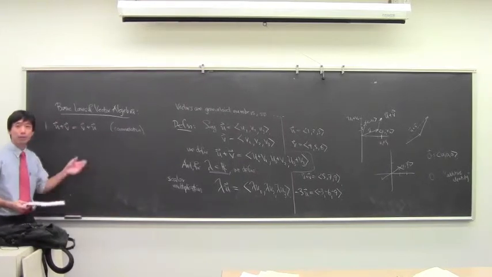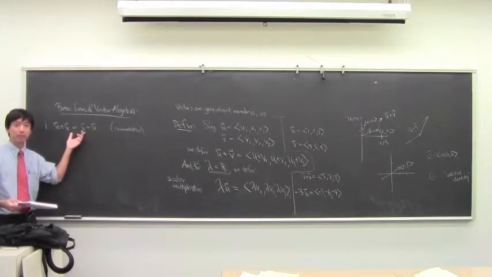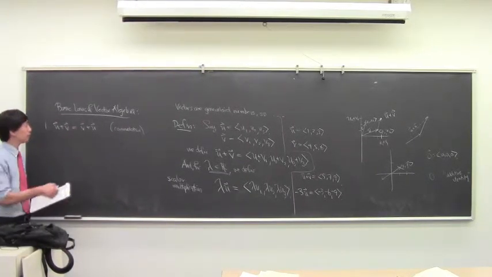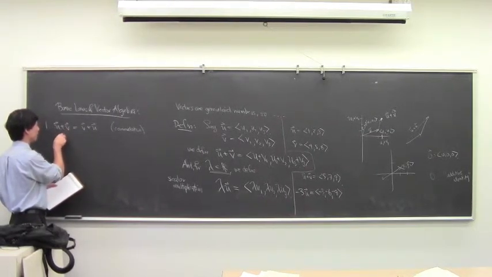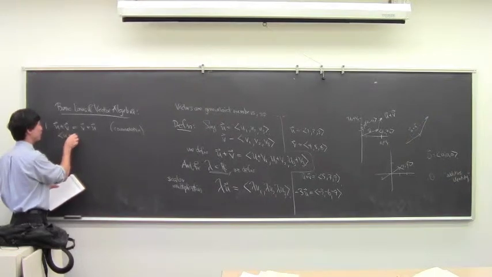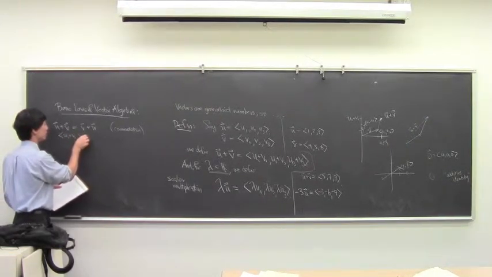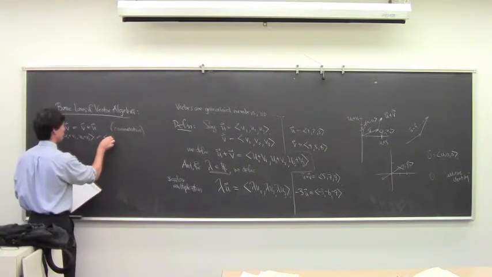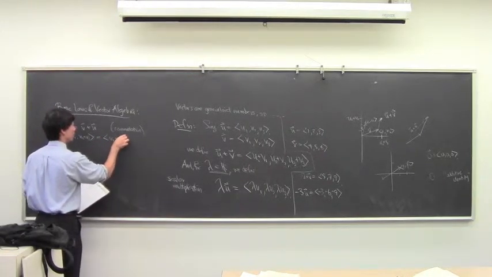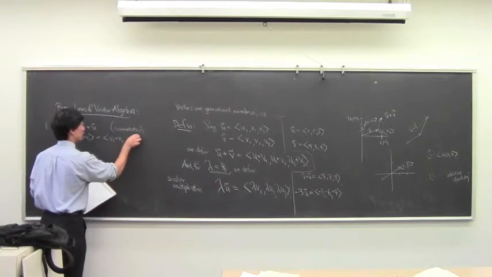And you think, well, do we really have a commutative law? Does it hold? Well, let's see. On the left we would have u1 plus v1, comma u2 plus v2. I'm only going to write it in 2 dimensions, just to save chalk. On the right you would have v1 plus u1, v2 plus u2.